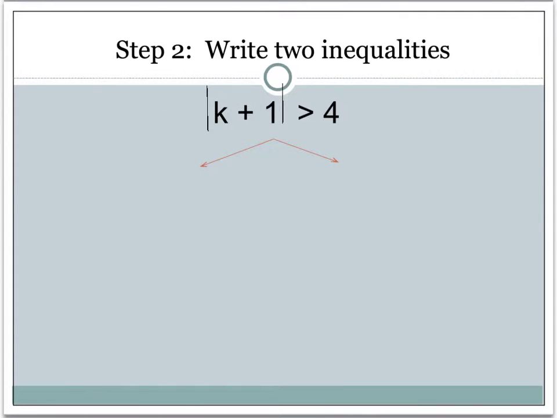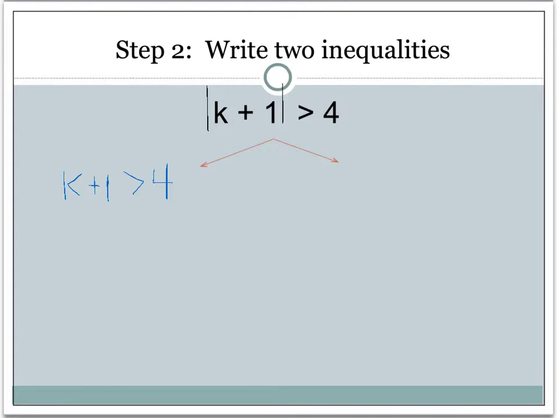Step 2 is to write 2 inequalities this time. It was 2 equations when we were dealing with absolute value equations, and now it's 2 inequalities. The steps are almost the same, but there is one thing you need to watch for. First, you drop the absolute value bars and write exactly what you see: k plus 1 is greater than 4.